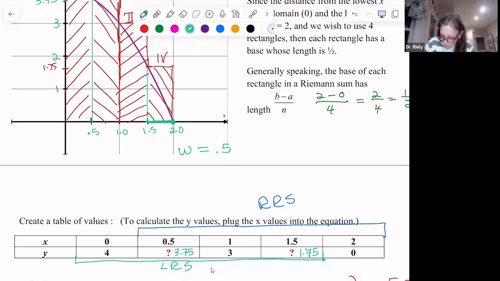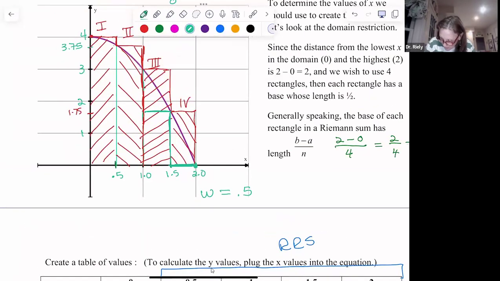And actually, I can do this. Your second rectangle will be right here. Your third rectangle will be right here. And your fourth rectangle will be right here.